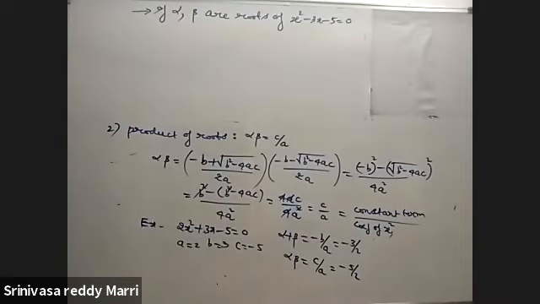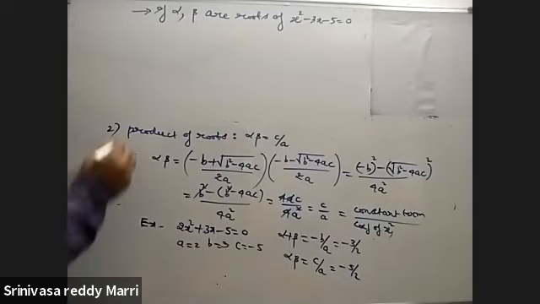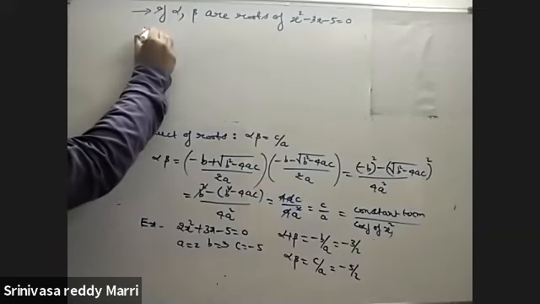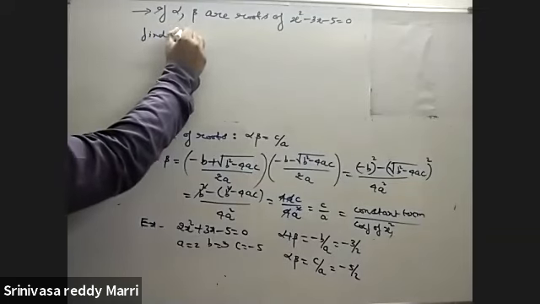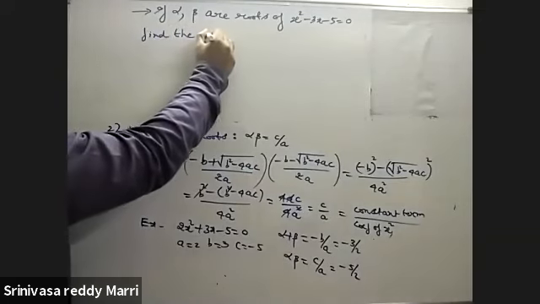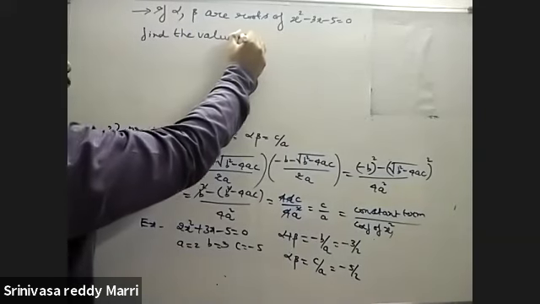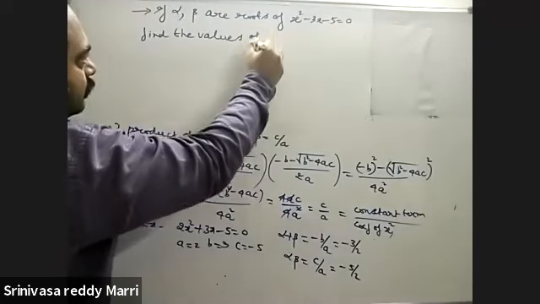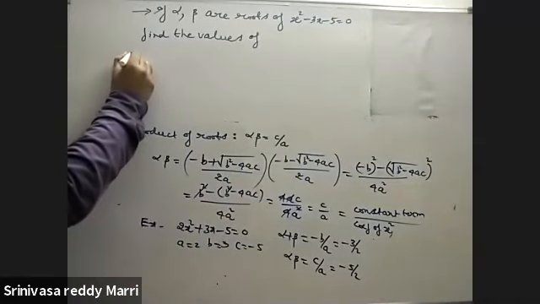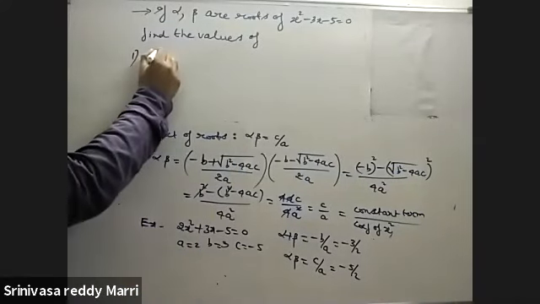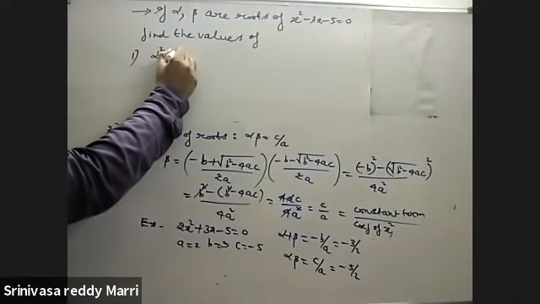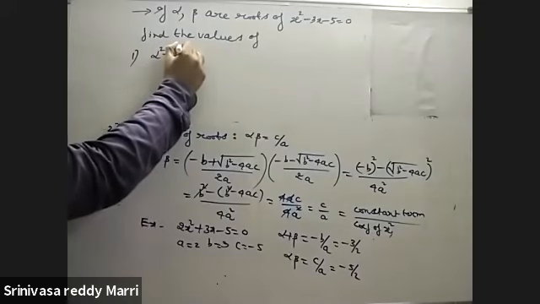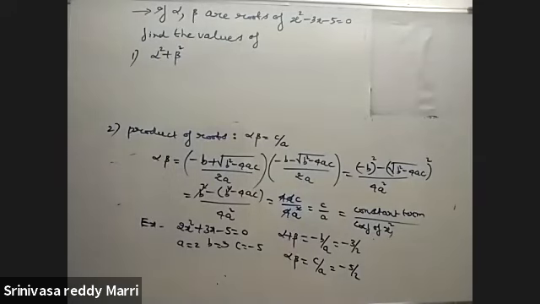Let us take alpha comma beta are roots of x square minus 3x minus 5 equal to 0. Find the values of number 1, alpha square plus beta square.